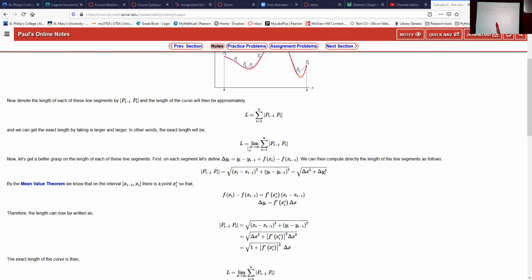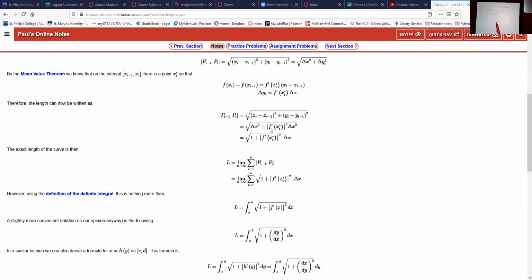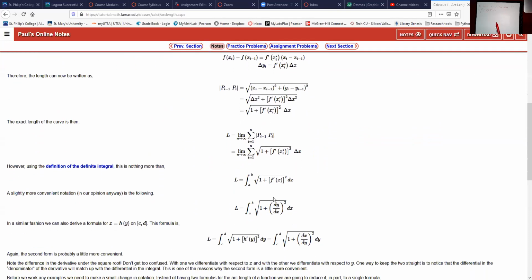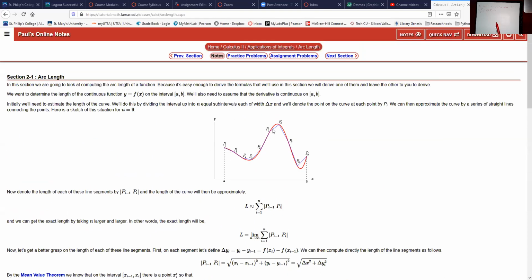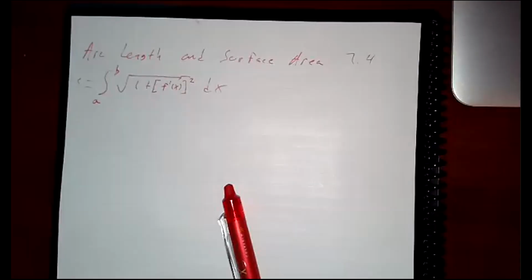An infinite sum, which we already know, is an integral, right? Doing all the proof in theory, eventually you end up with this formula. So this formula will find you the total sum of distance across the curve. In other words, the arc length.